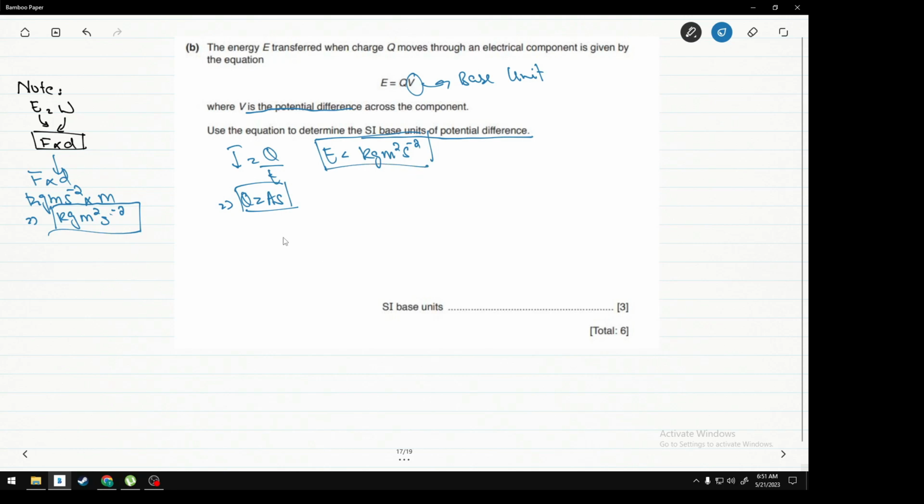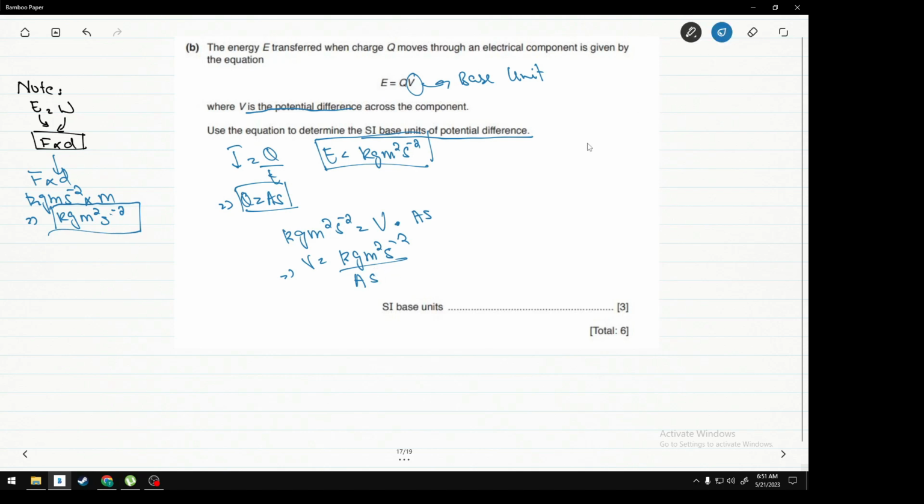Now, just plug in all the base units in the equation. We don't have the base units for V, so just write V times ampere second. Now, V is equal to kg meter square second negative square over ampere second, right?